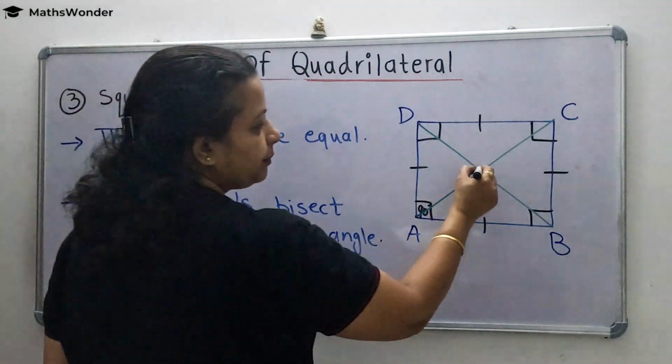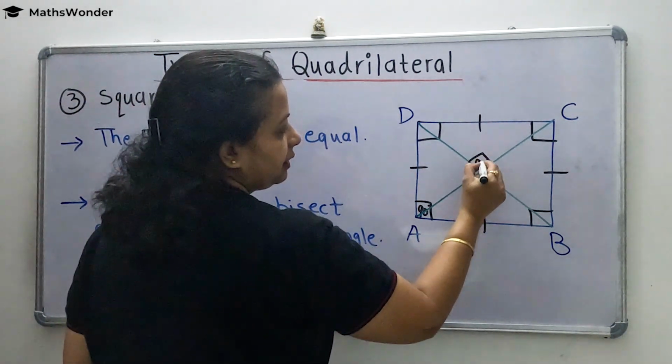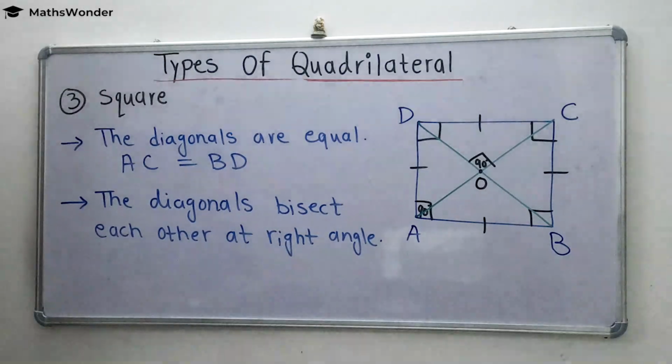Means they will make a 90 degree angle when they bisect. So how will you write it?